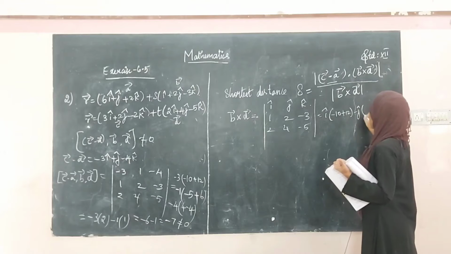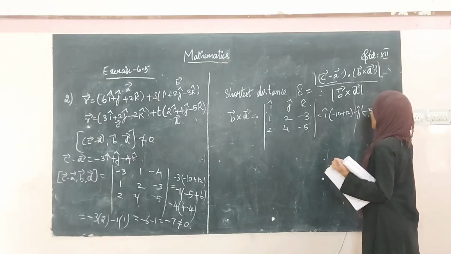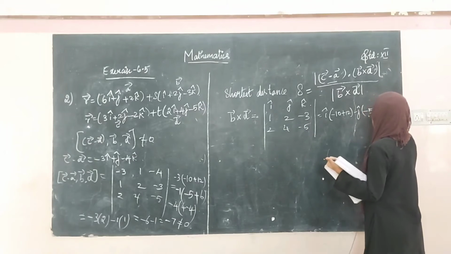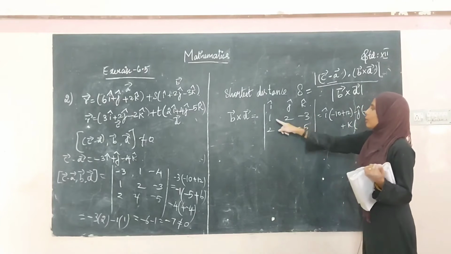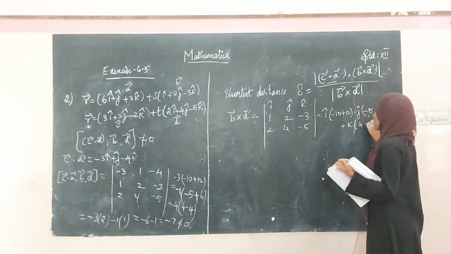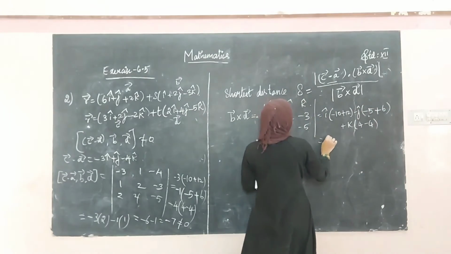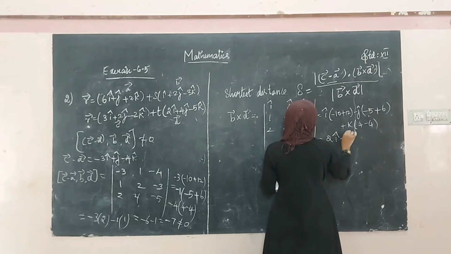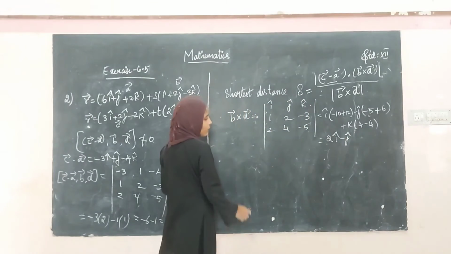Minus j cap into 1 into minus 5 is minus 5, minus of 2 into minus 3 is minus 6, so minus of minus 6 is plus 6. Plus k into 1 into 4 is 4, minus 2 into 2 is 4. Right, so what are the terms? 2 into i cap minus j cap alone. So this becomes 0. So this is the b vector cross d vector.